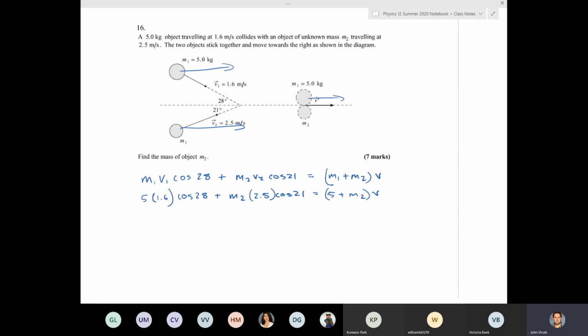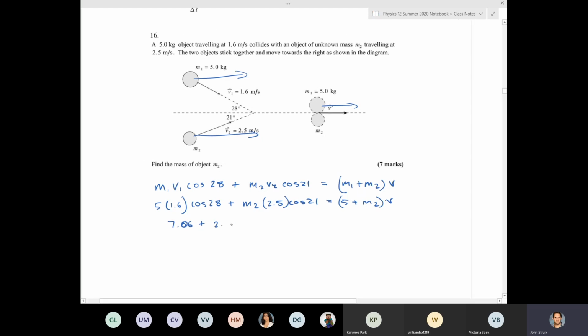So 5 times 1.6 times cos 28, 7.06, and then plus 2.5 times cos 21 is 2.33 m2. And then this is going to equal, I'll probably just keep it as 5 plus m2 times v.